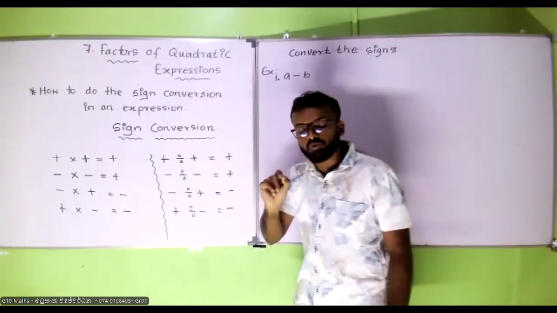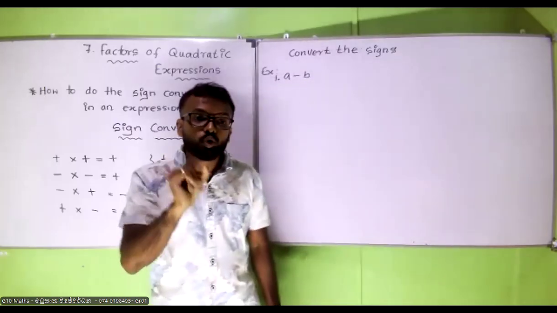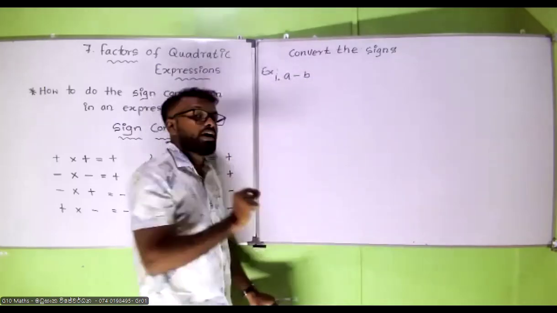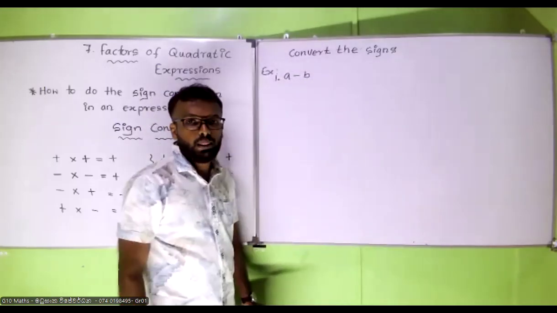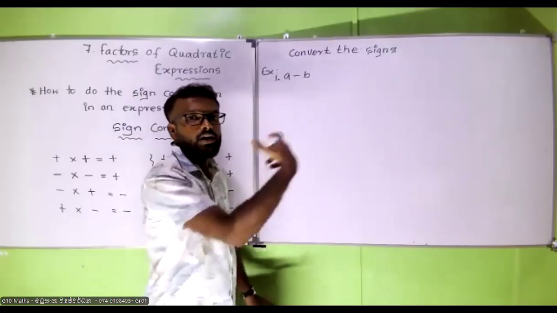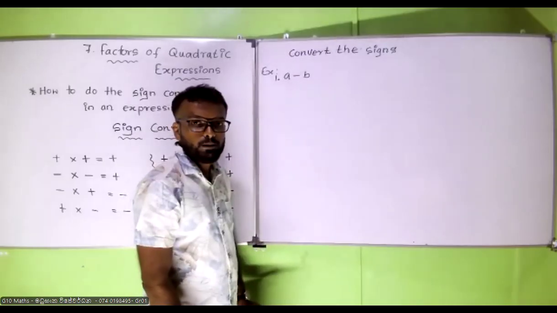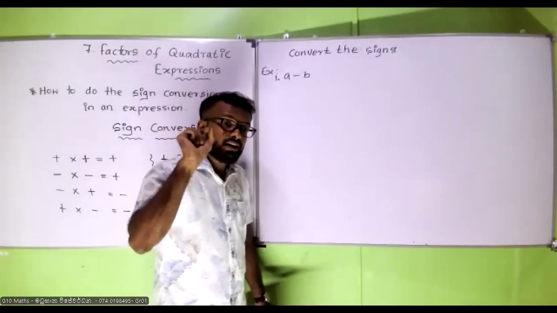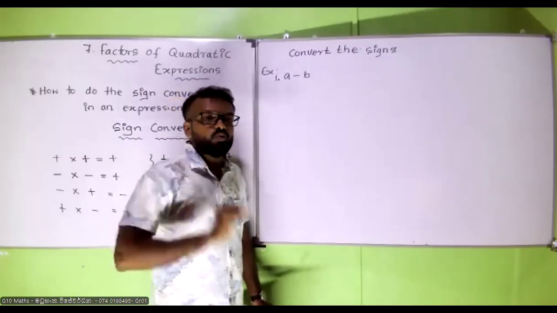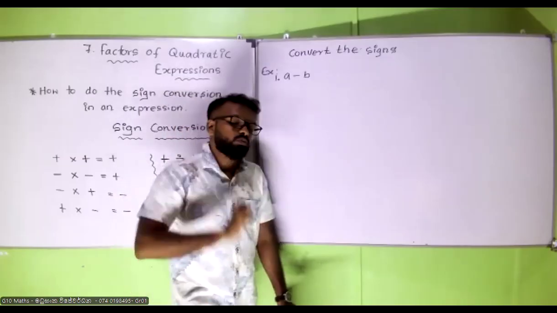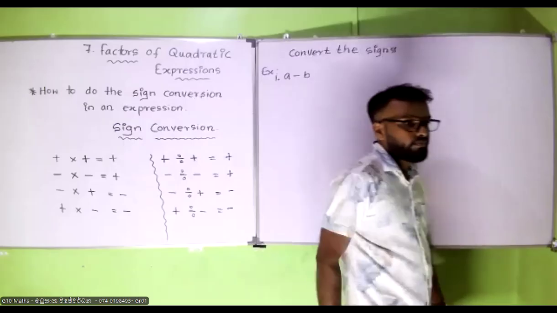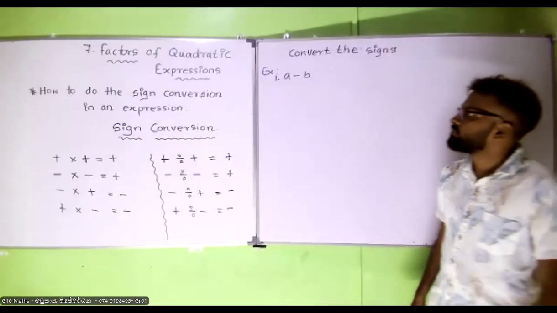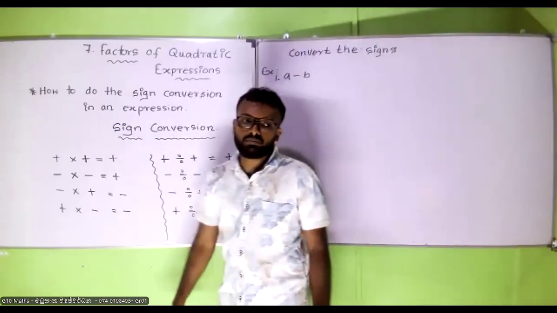Now I am telling you to convert to the opposite sign of A and the opposite sign of B. Convert the signs. So for that, what are you going to do?